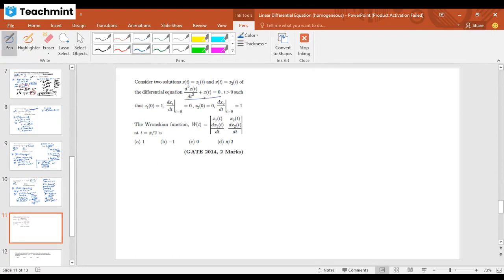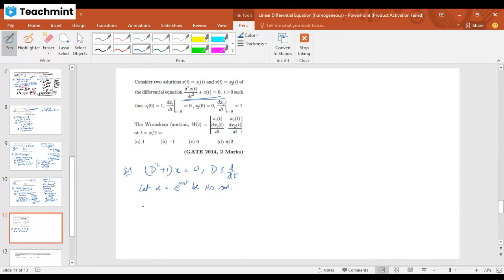So the differential equation in operator form is D squared plus 1 x equal to 0. Now here D stands for d by dt because our independent variable is t here. So we are assuming let x equal to e raised to the power mt be its solution.